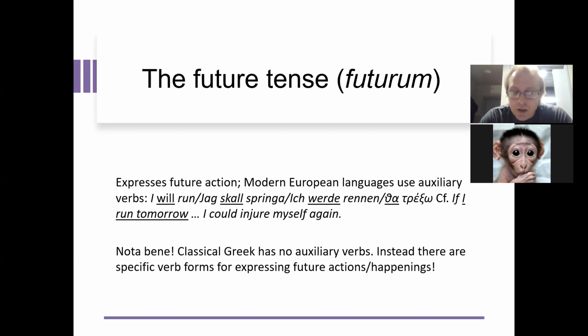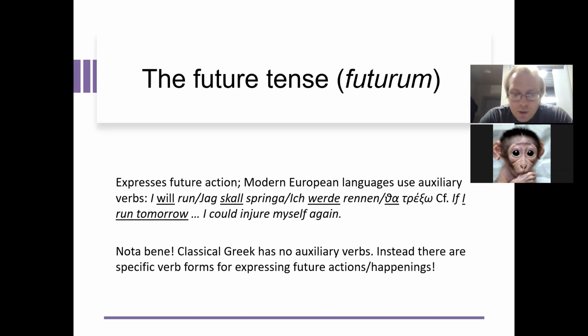Actually, auxiliary verbs are used to form the future tense in modern Greek as well. Thus, I run is trecho in modern Greek, which is the same as in classical Greek. But I will run is tha trexo. So here the auxiliary verb is tha.